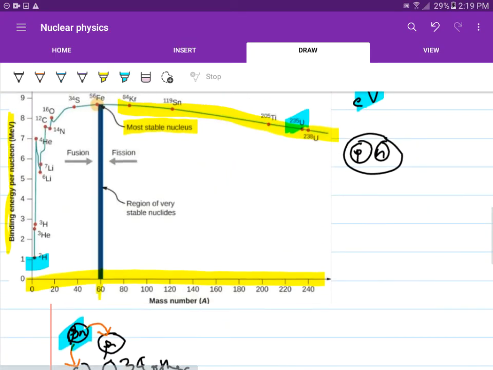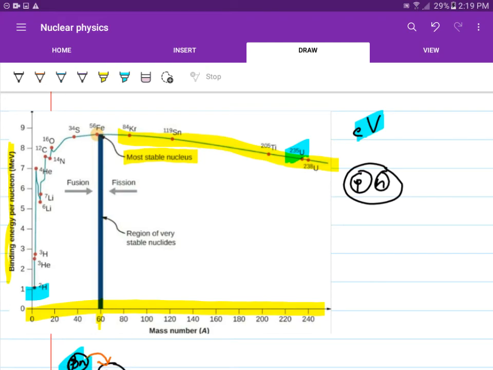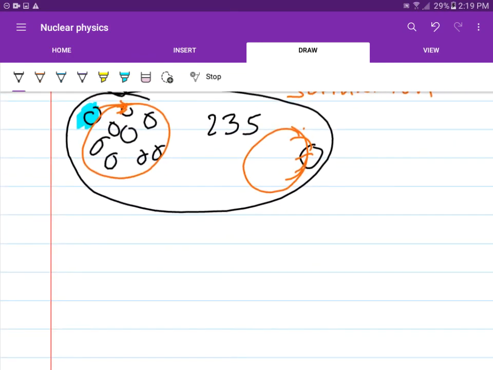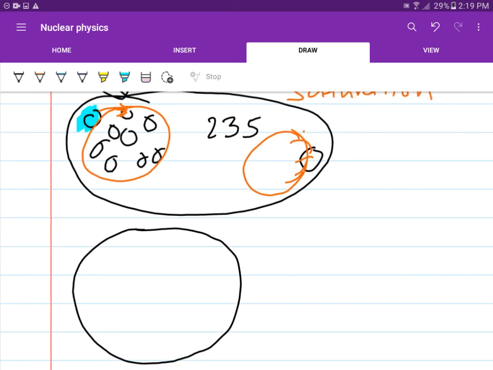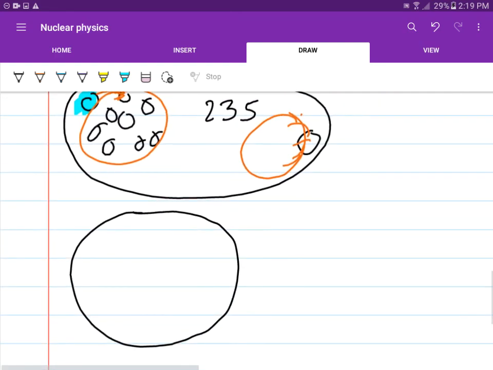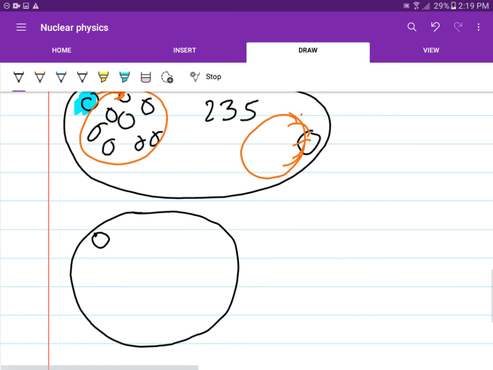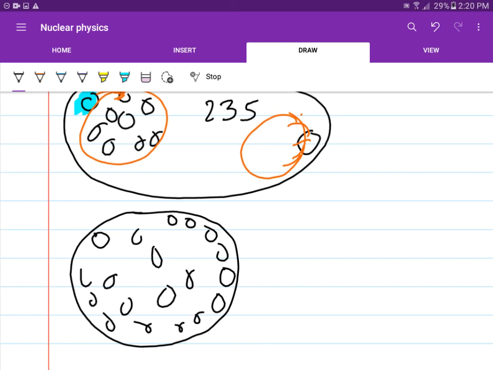So what does this have to do with iron? Iron is the most stable nucleus because, due to its mass number count, every nucleon, for example, a nucleon here, feels every other binding energy inside the nucleus.